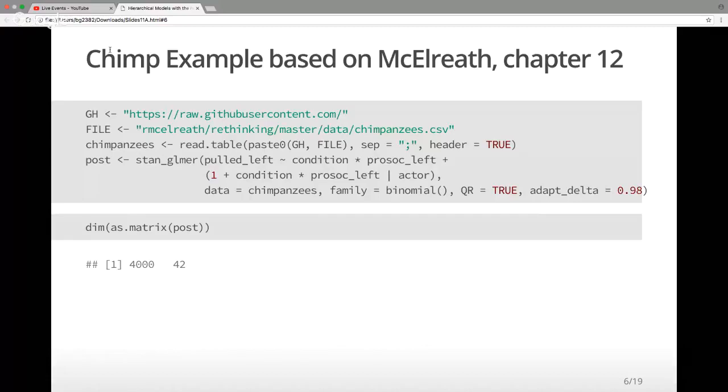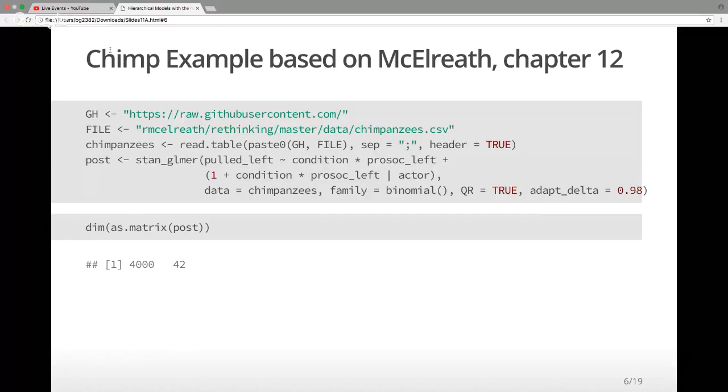This experiment didn't exhaust the entire population of chimps. But we can just as well think of it from a Bayesian perspective, with prior beliefs about how much the intercept and the coefficients vary from one chimp to the next. And this certainly generalizes to other situations in which it doesn't make sense to think about the levels of this factor as being random draws from some population of chimps or schools or whatever it may be.